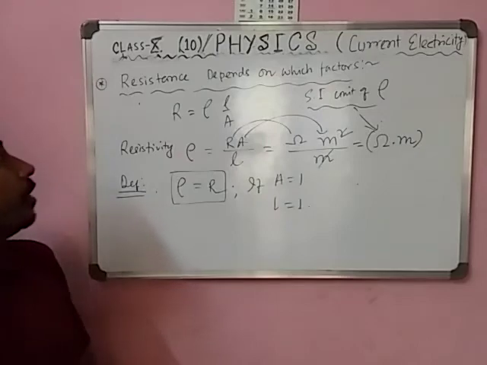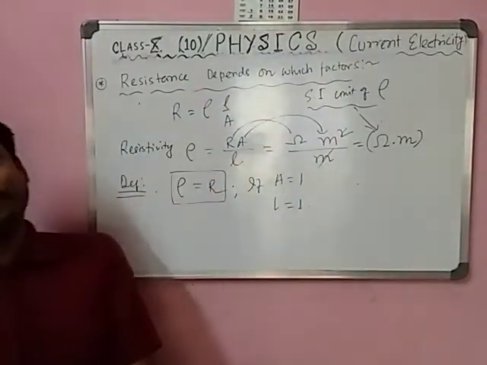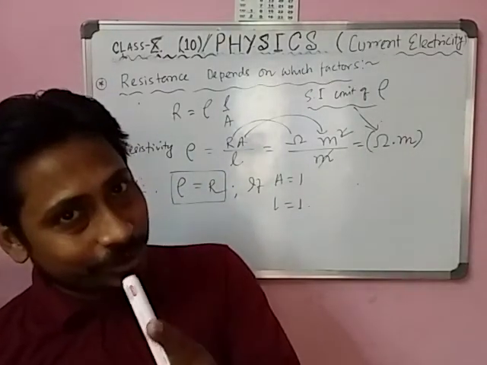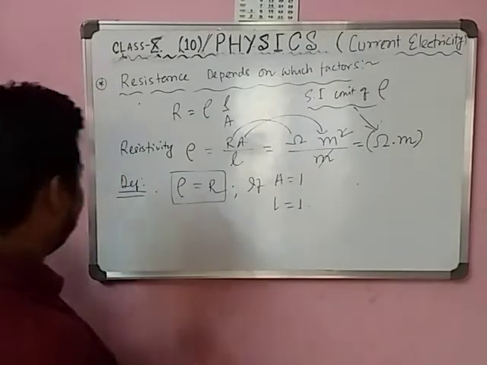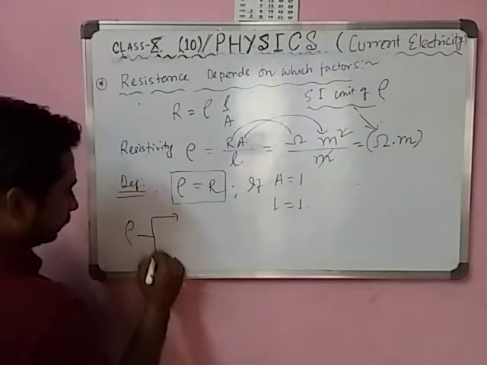Now another important question: resistivity depends on which factors? Rho depends on two things.